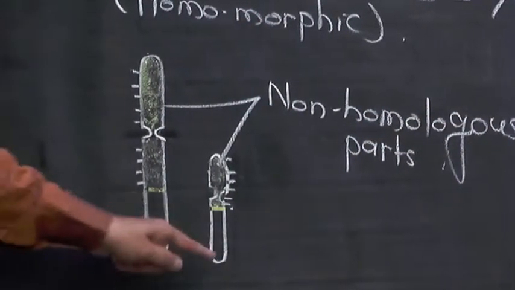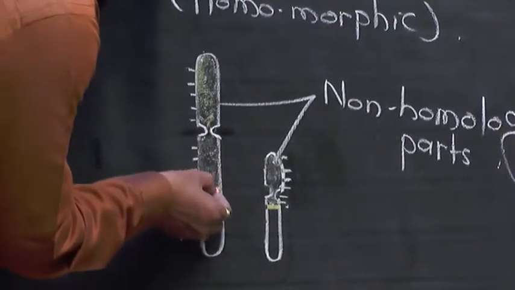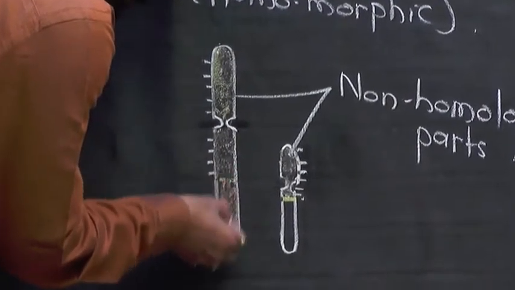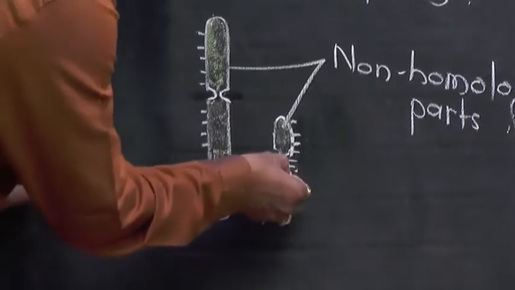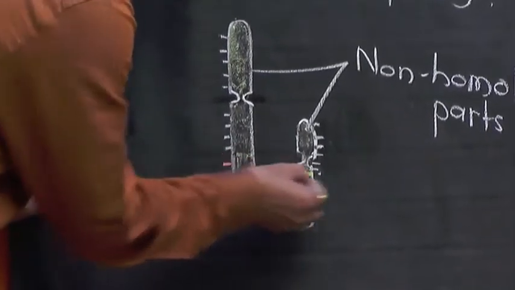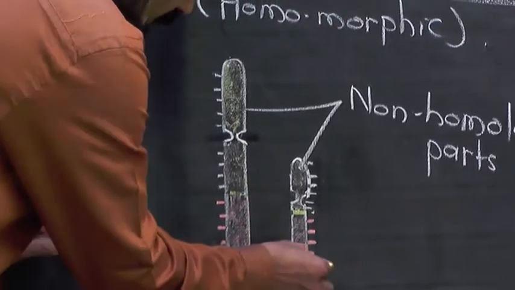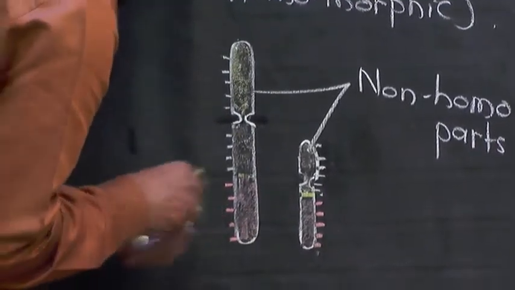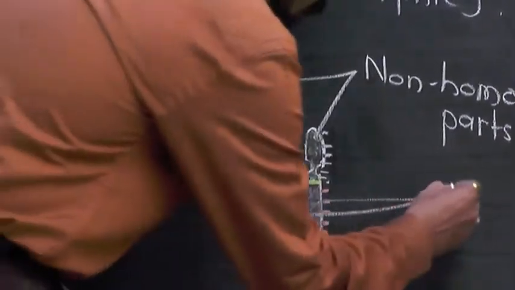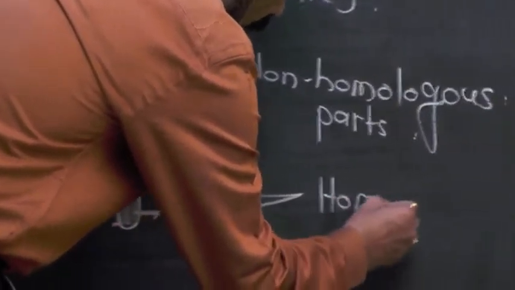Why this much region of both, which I am going to show with the help of pink color, contains identical genes and therefore this part is said to be the homologous part or homologous region.